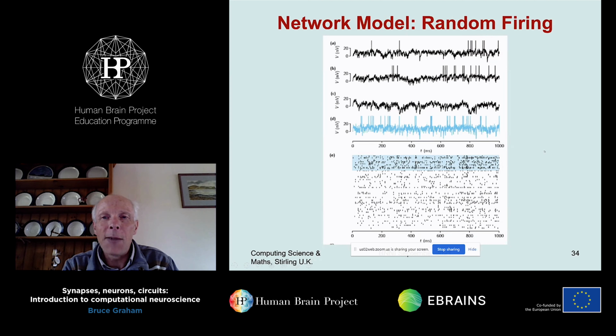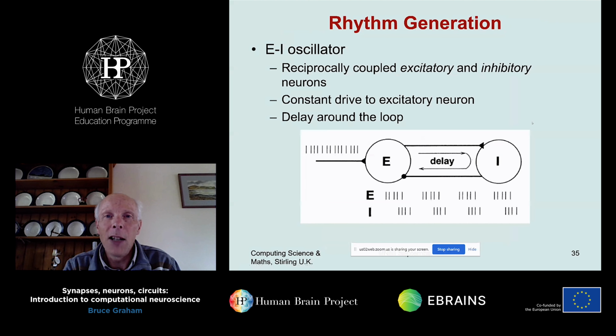But you'll also discover in the tutorial, if you play with it, that it's quite sensitive to the balance between excitation and inhibition. And even where you get lots of random firing like this, you might get periods where the cells start to synchronize and fire more regularly for a while before retreating back to random firing again. So it's just one simple question that simulations can provide a lot of insight into.